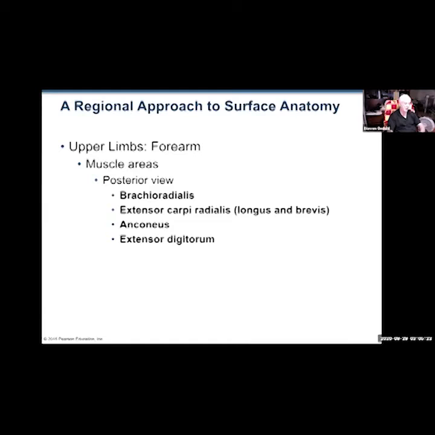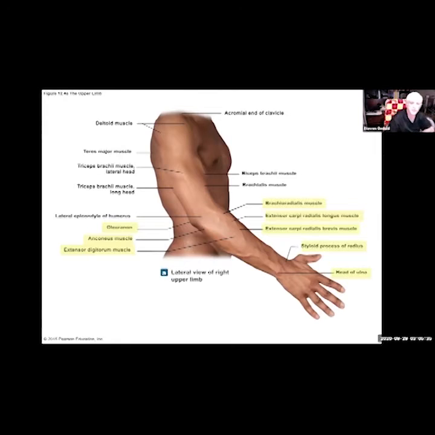We also have from the back the brachioradialis, the extensor carpi radialis longus and brevis, the anconeus, and the extensor digitorum. So this is the olecranon, the elbow joint right here.